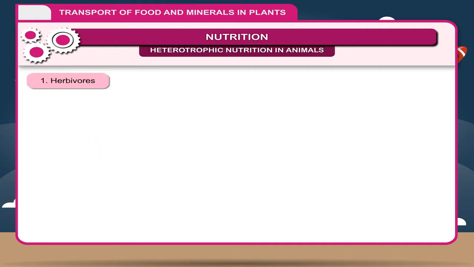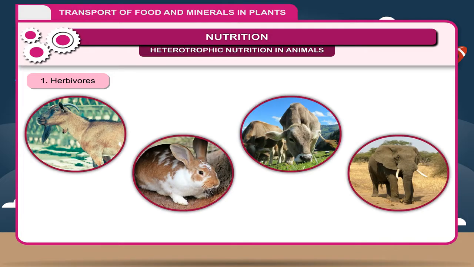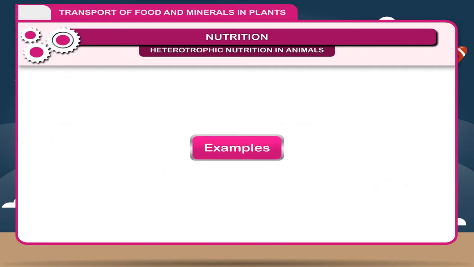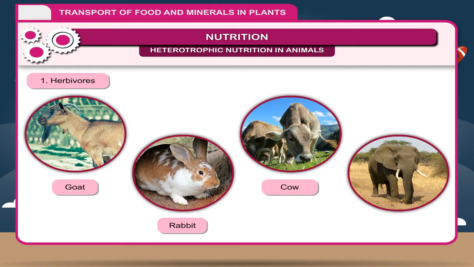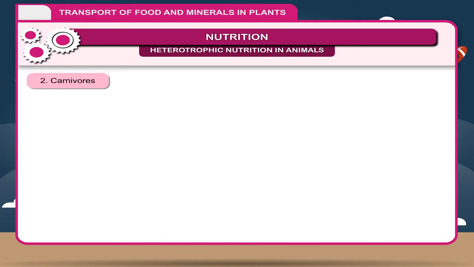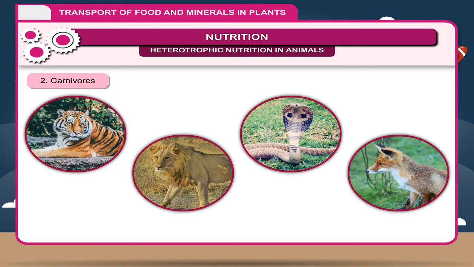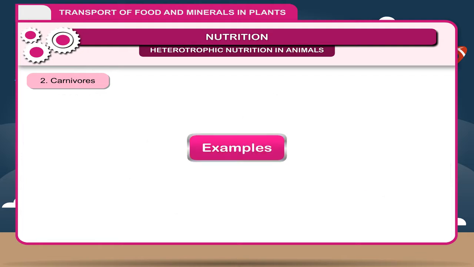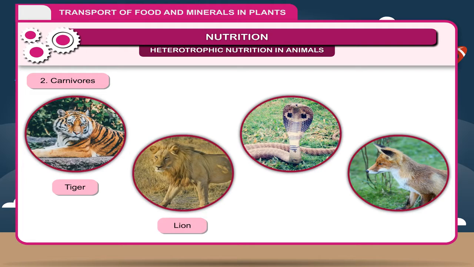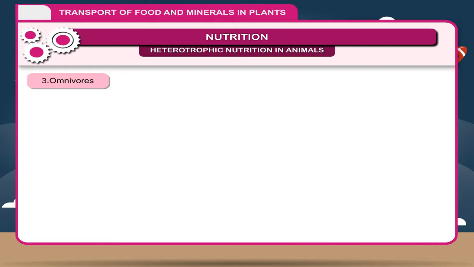1. Herbivores. The animals which depend upon green plants, producers, for their food. They are also called primary consumers. Examples: goat, rabbit, cow, elephant, etc. 2. Carnivores. The flesh-eating animals are called carnivores. Examples: tiger, lion, snake, fox, etc. 3.